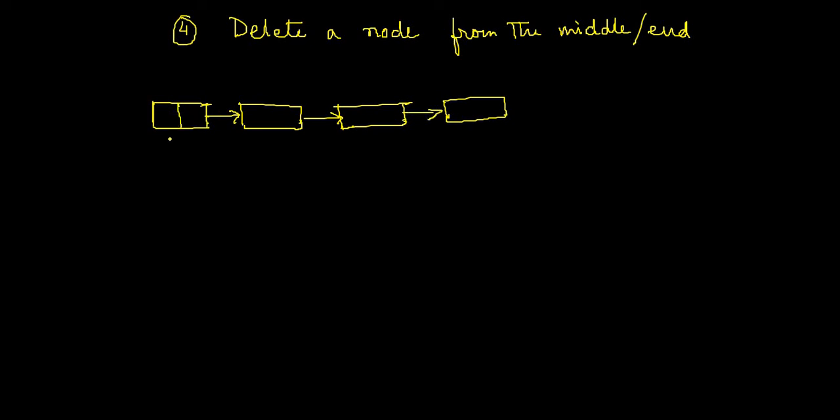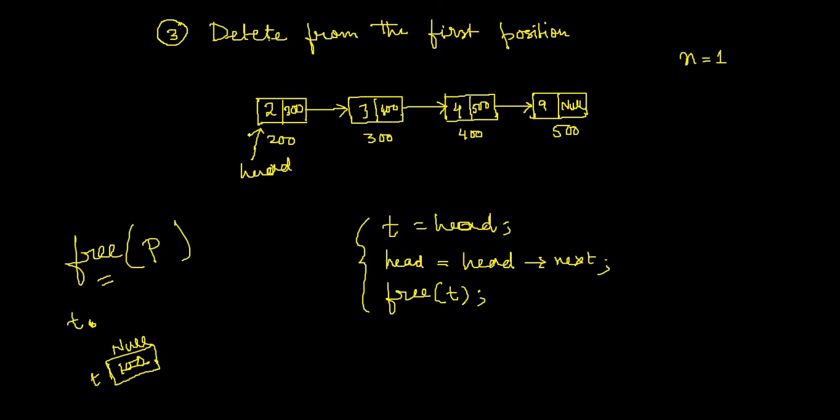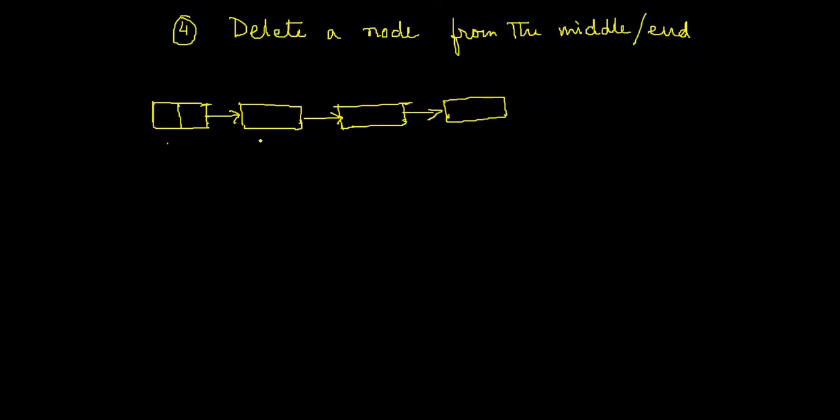The address of the first node is now 200, not 100. So 200, then 300, then 400, and then 500. The last one should be null.